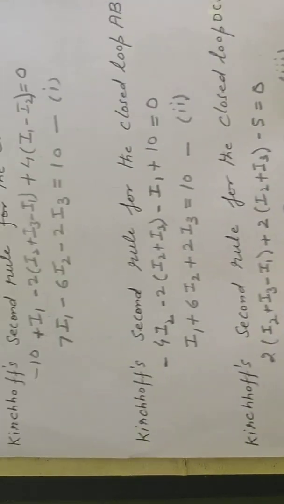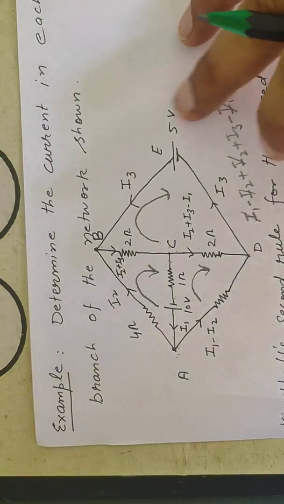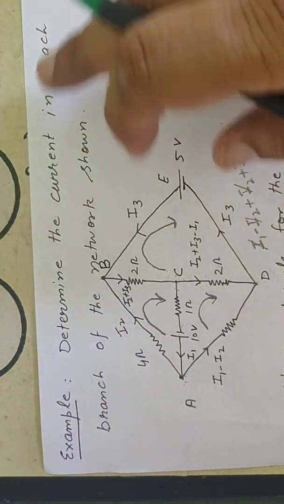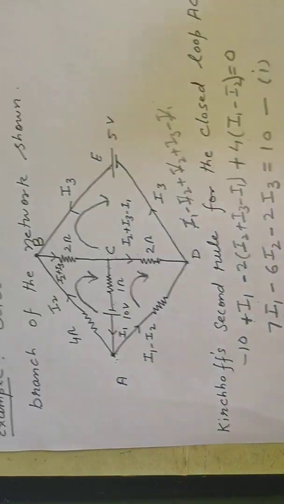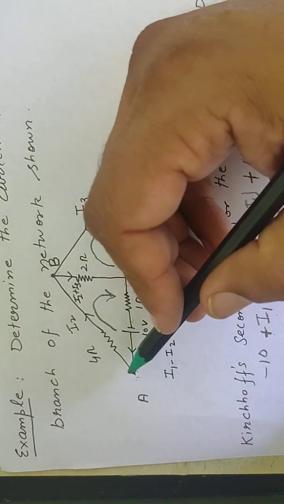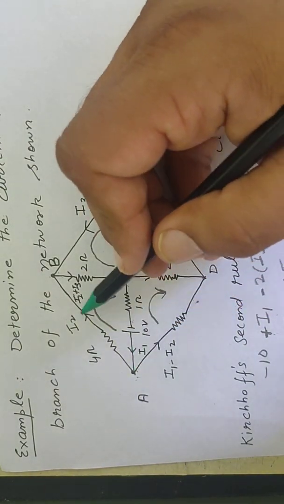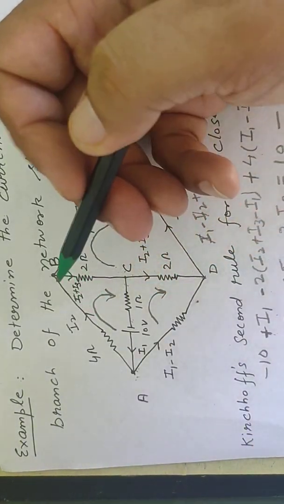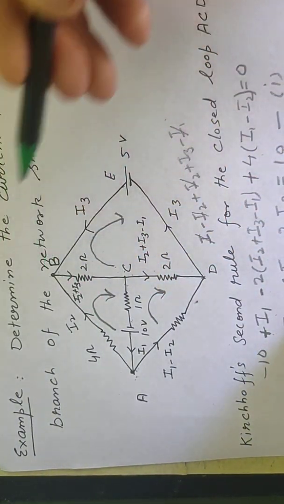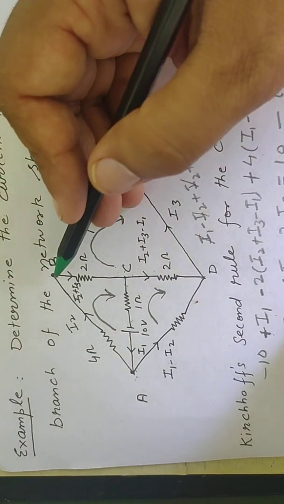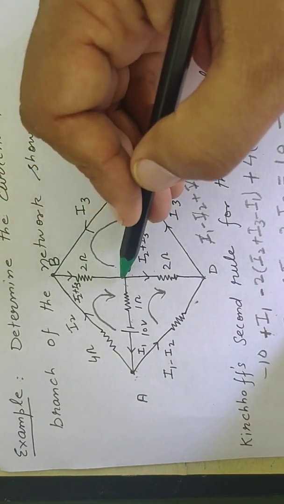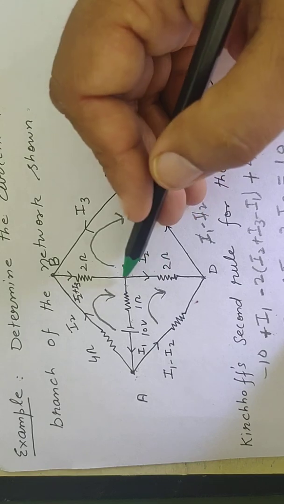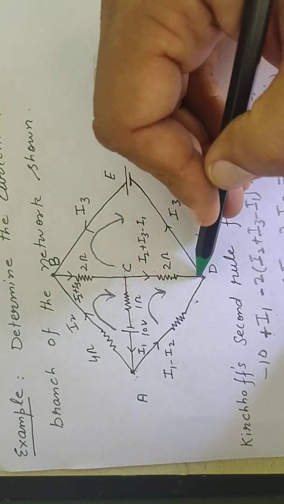But our question is, we are to find the current in each branch. Here each branch means we are to find the current in this branch, AB branch. In this branch current flowing is I2. We are to find the current in this branch BE, in this branch BC, and in the CD branch.